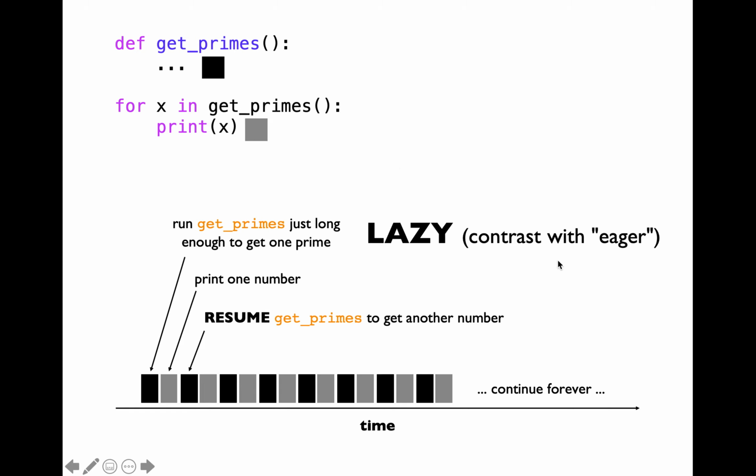This is in contrast with the eager function example which I covered before this. The difference between eager and lazy is that an eager function actually finishes its entire execution before returning the value, whereas the generator is considered a lazy function.